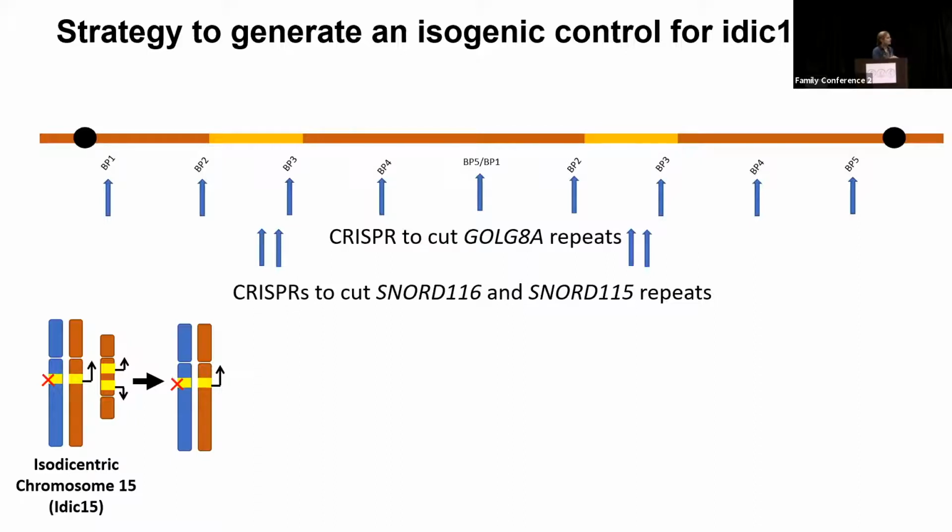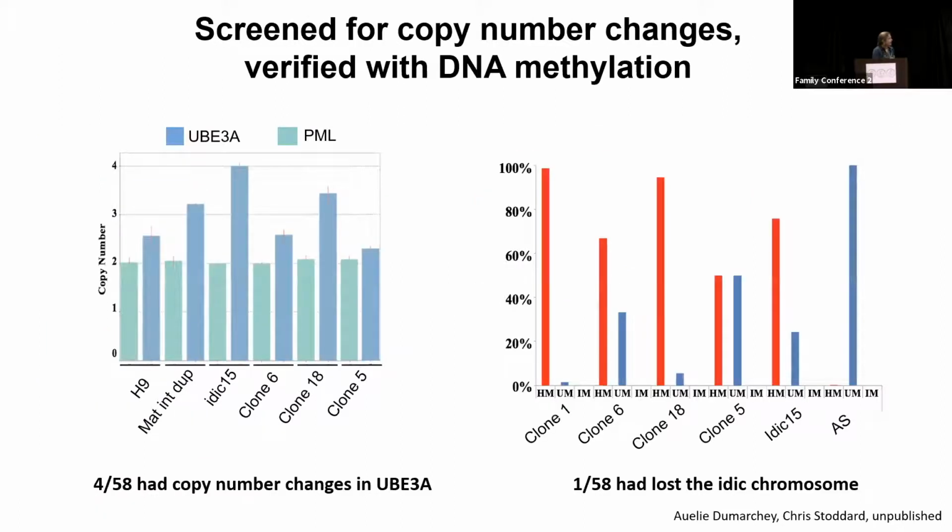We designed CRISPRs to cut in these other repeats that are affectionately known as SNORD116 and SNORD115. We wanted to shred this chromosome. We did that, and instead of screening for UBE3A expression, we screened for copy number. We asked how many copies of UBE3A are there in the cells that got these CRISPRs. And what we found was that 4 out of 58 had copy number changes in UBE3A.